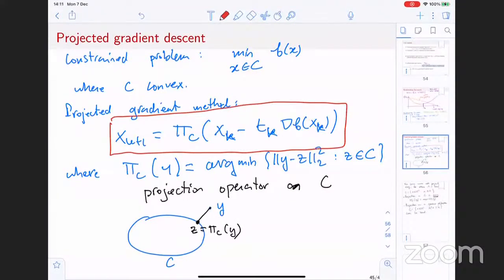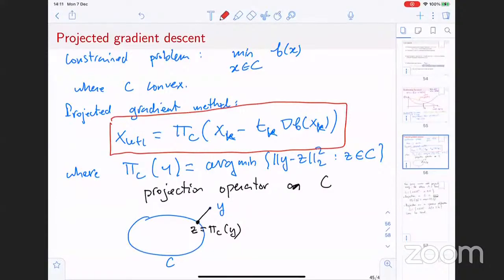And what about the convergence of the projected gradient method? The same convergence results I mentioned before in this lecture also hold for the projected gradient method.